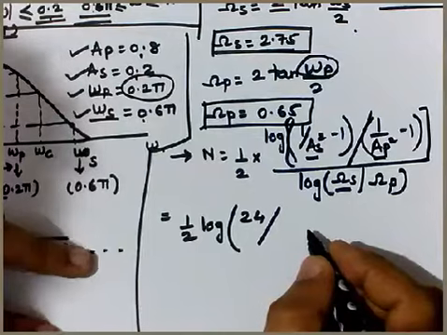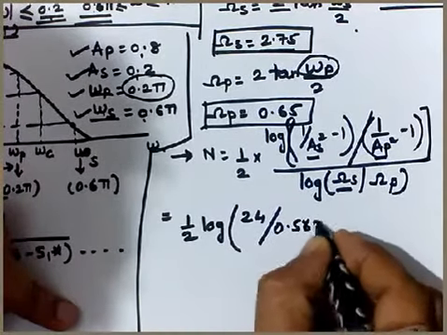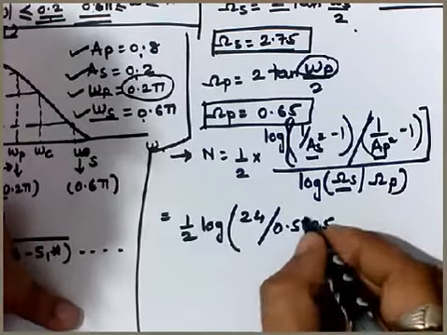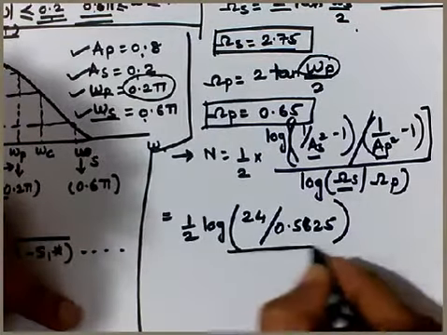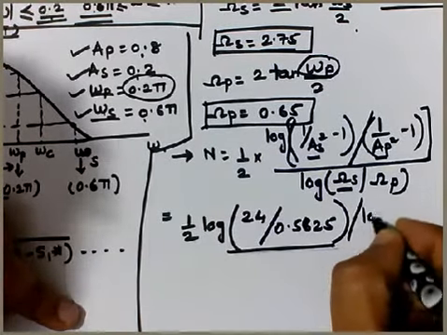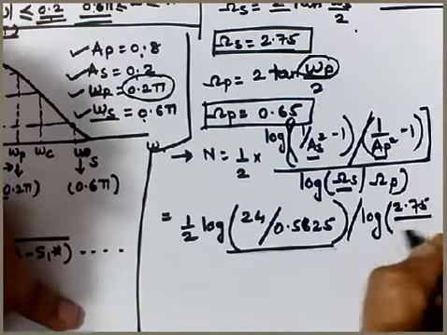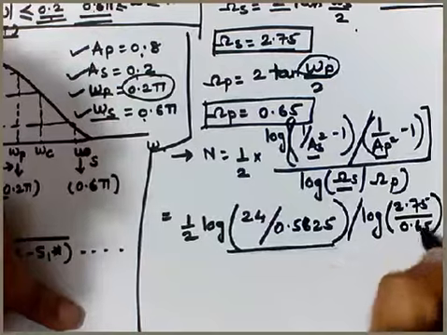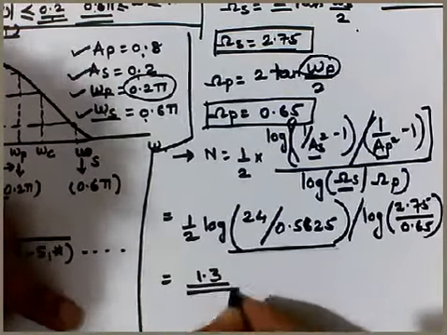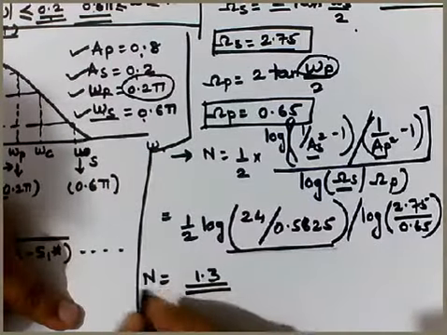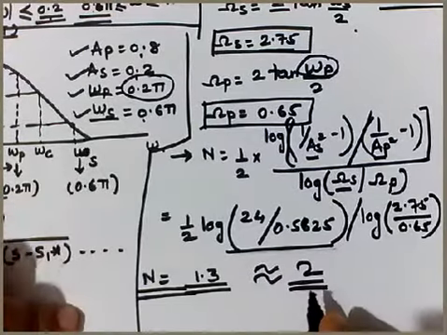Similarly 1 upon AP square minus 1 gives the value 0.5625, divided by log of 2.75 by 0.65. After doing this, it will give the value 1.3. Now this 1.3 cannot be the order of any filter, so we will approximate it to 2. So this is how the capital N will be 2.